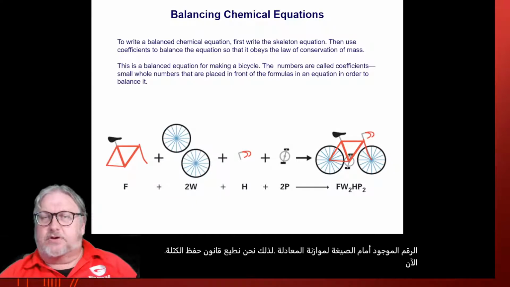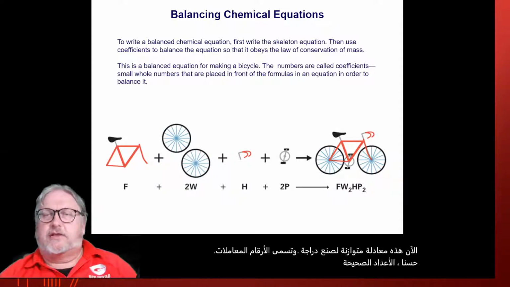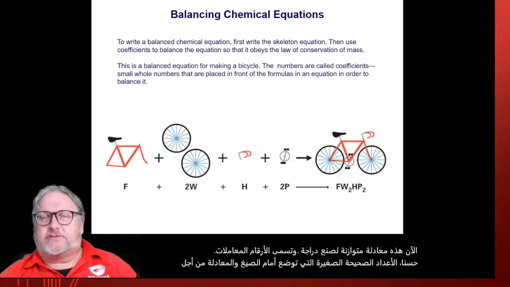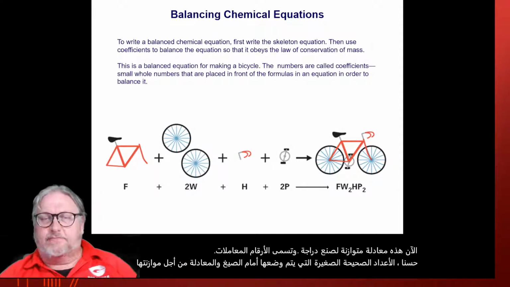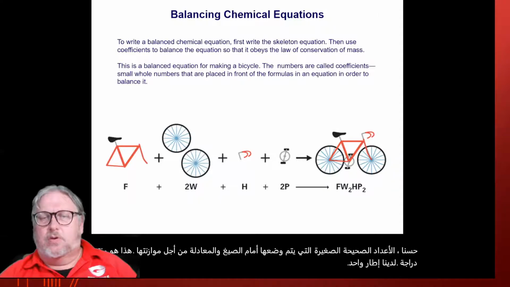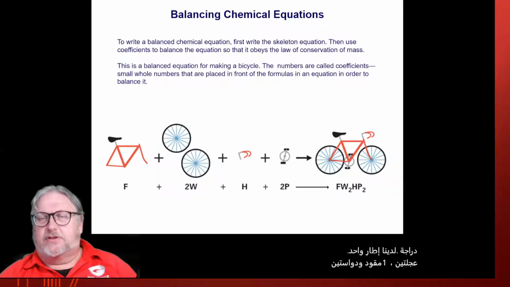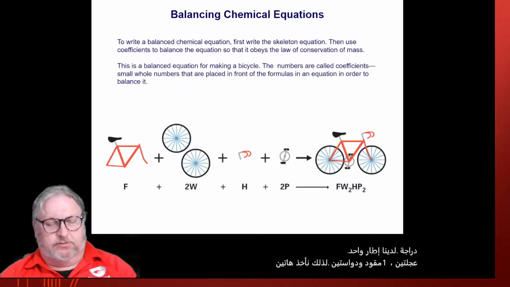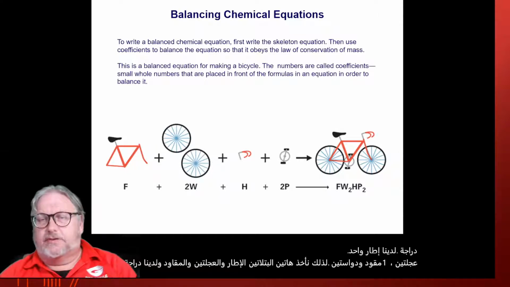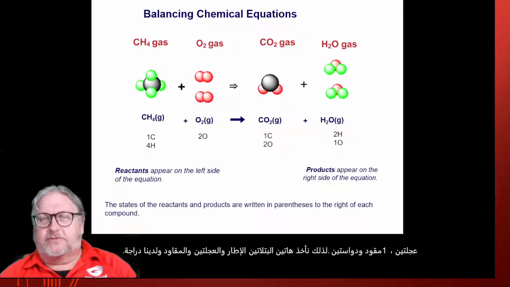The numbers are called coefficients, the small whole numbers placed in front of the formulas in the equation in order to balance it. Our product is a bicycle. We have one frame, two wheels, one handlebar, and two pedals. We take the two pedals, the frame, the two wheels, and the handlebars, and we have a bicycle. That would be the formula for a bicycle.